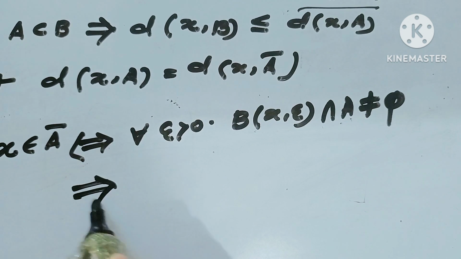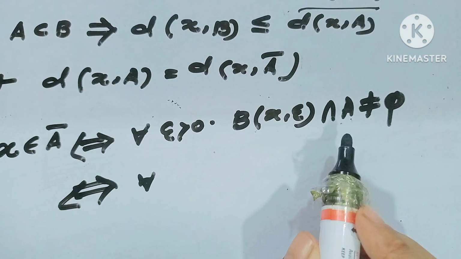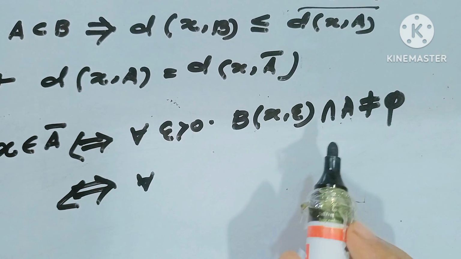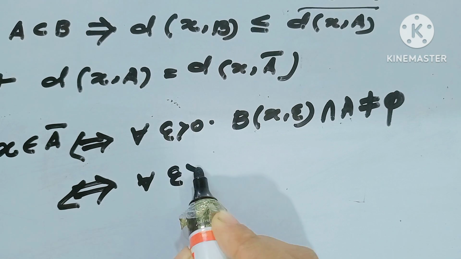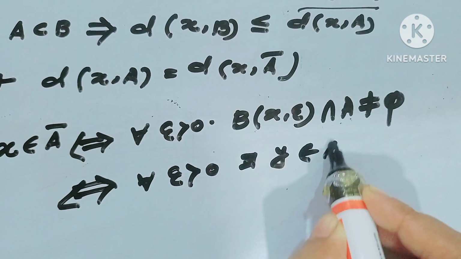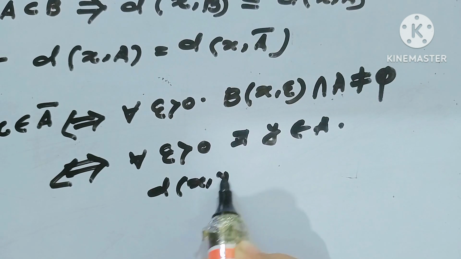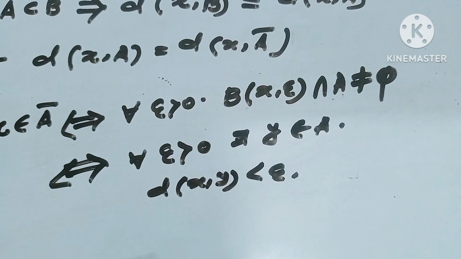That means, from this expression we can write by the distance function, for all epsilon greater than 0 there exists y belongs to A such that d of x comma y is less than epsilon.